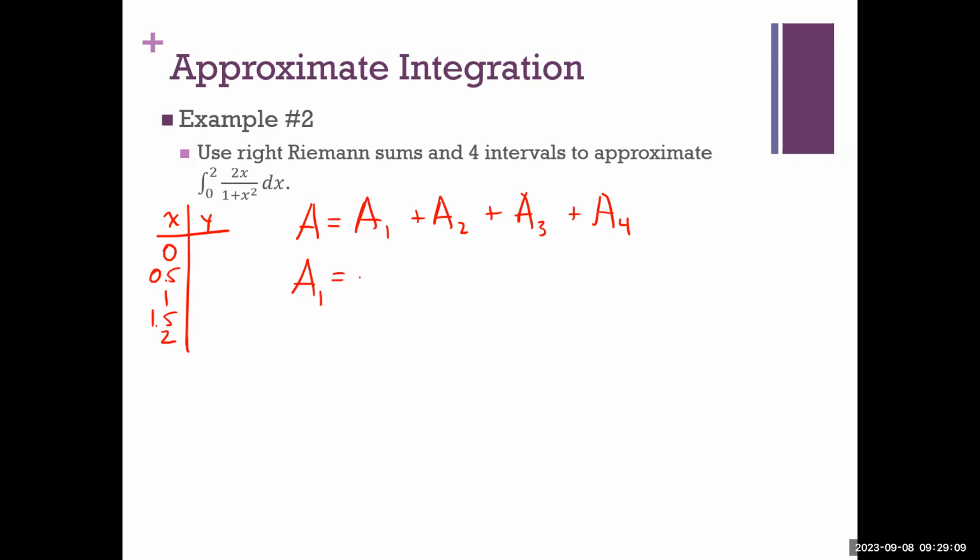So for area 1, I'm going to multiply 0.5 times f of 0.5, right? How do I find area 2? 0.5 times... Okay. Why did we keep one of the 0.5s and change the other one?